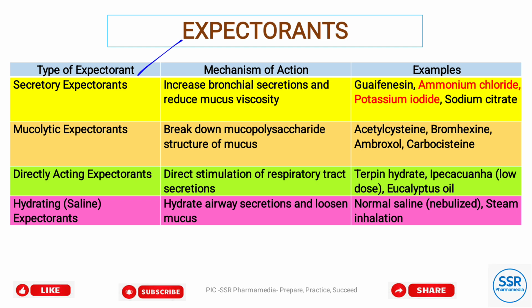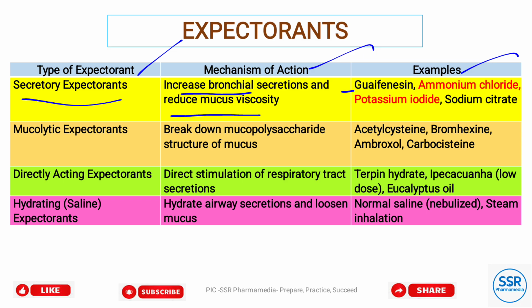Now we are going to see the types of expectorants, their mechanisms of action, and examples. First is the secretory expectorant. Its mechanism of action is increasing bronchial secretions and reducing mucus viscosity.